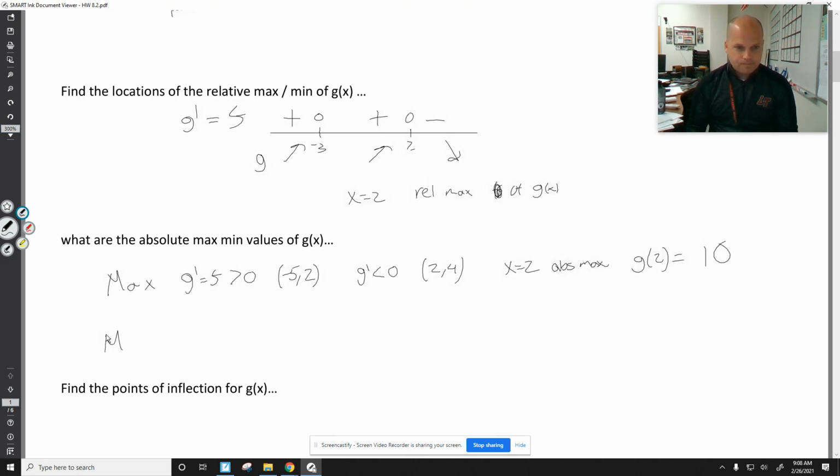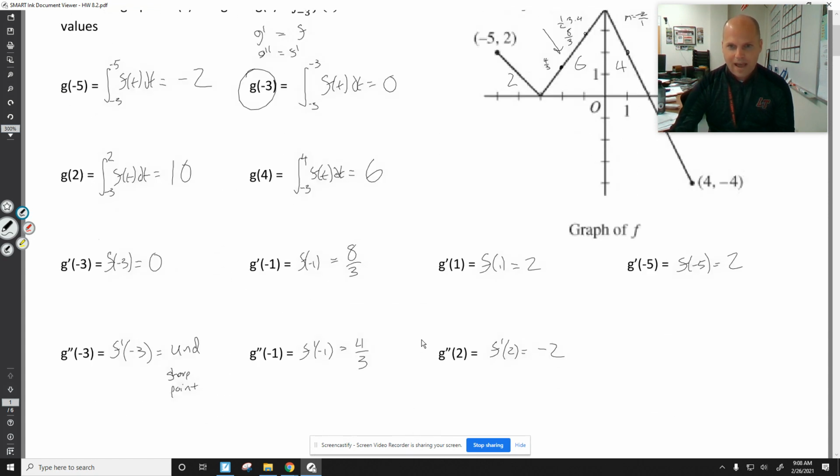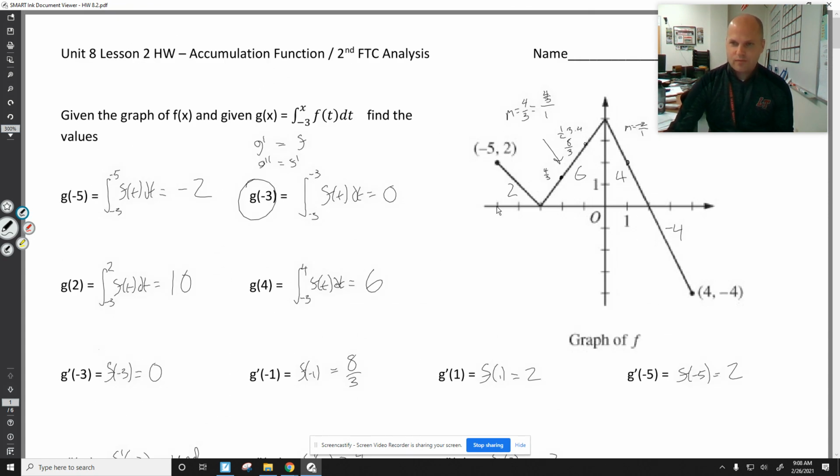Now the min is going to be either at the endpoint x equals negative 5 or x equals 4. Now I know for a fact it's got to be at negative 5. Why? If this is a 0 and G prime is positive from negative 2 to 0, that means I start 2 below 0.